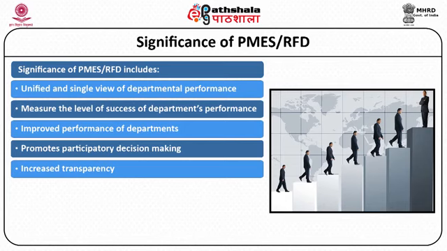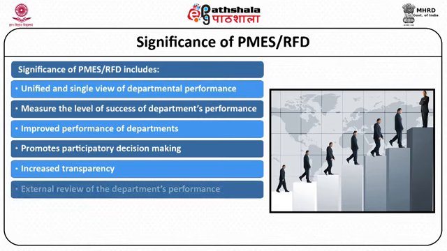RFDs help in the external review of the performance of a particular department or a ministry. Here, this evaluating of the performance will be unbiased and give the true merit.